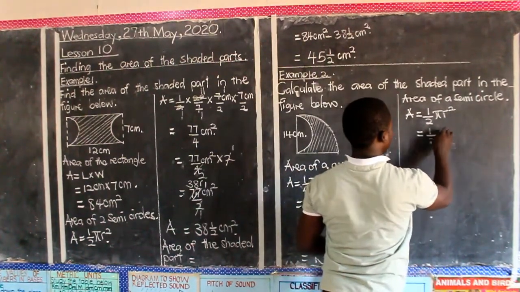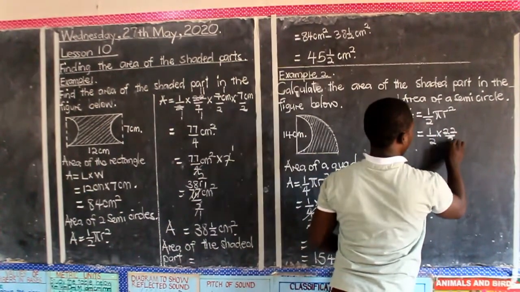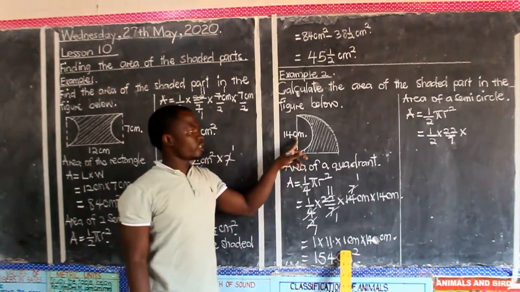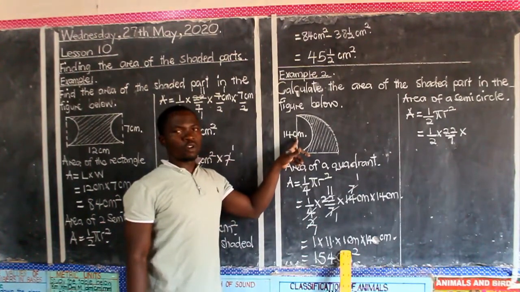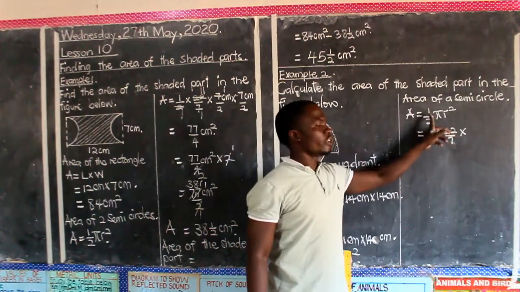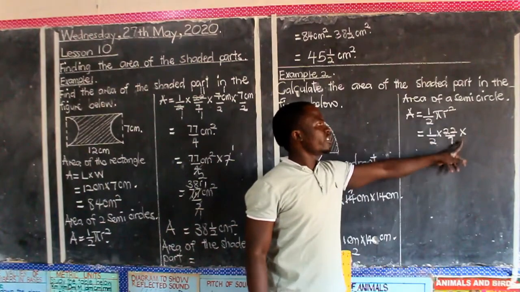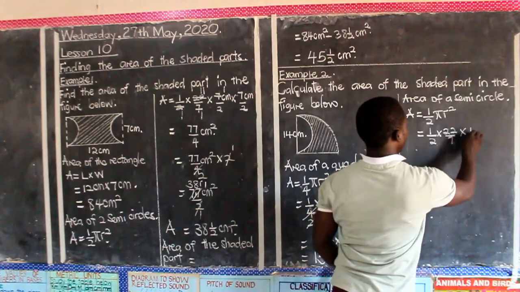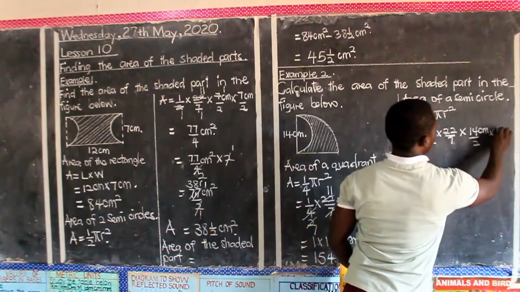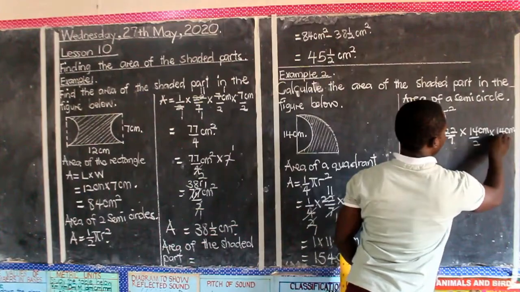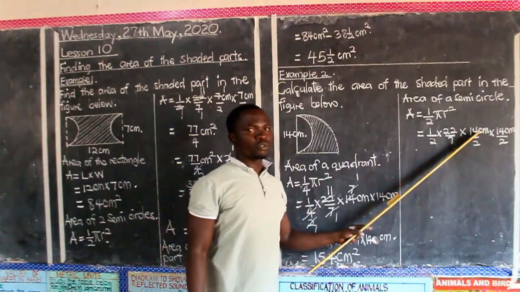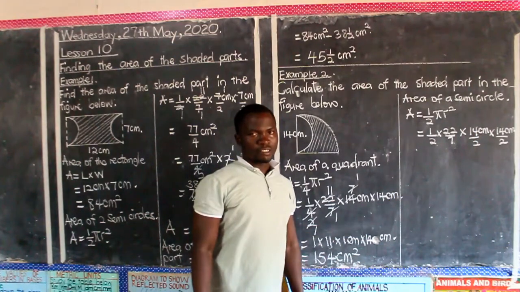Area equals a half times 22 over 7 times the radius. On the semicircle we have the diameter of 14 centimeters, but with this formula for area of a semicircle we need the radius. So we shall have 14, which is the diameter, divided by 2 times 14 centimeters divided by 2.